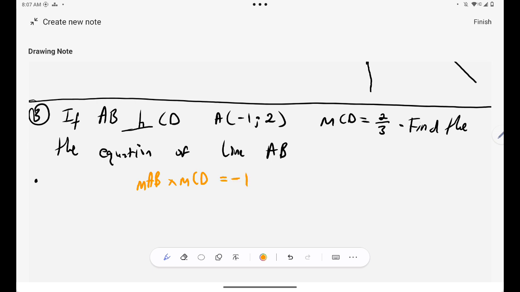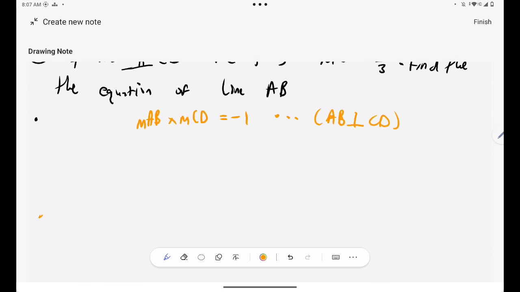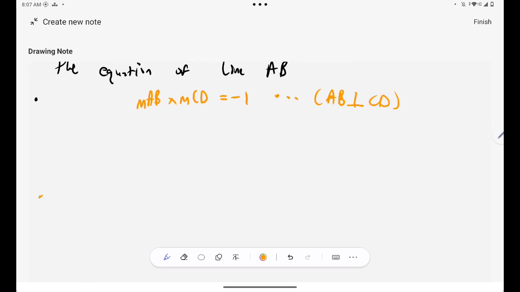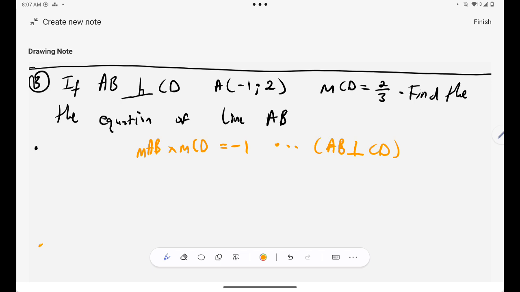Are you together? This thing is true because AB is perpendicular to CD. Are you together? So whenever you have lines which are perpendicular, it's easy for you to find the gradient of the other line. You just need to flip the gradient that you have and then change the sign.